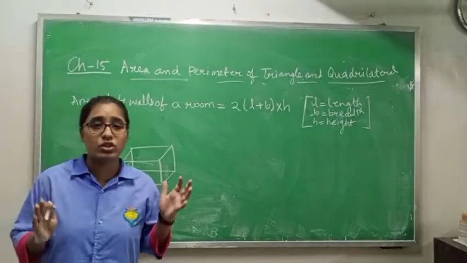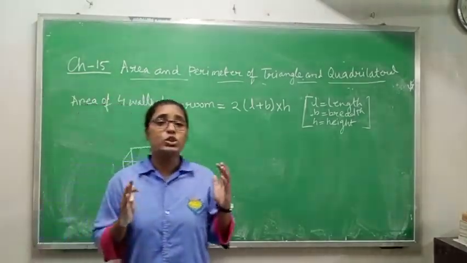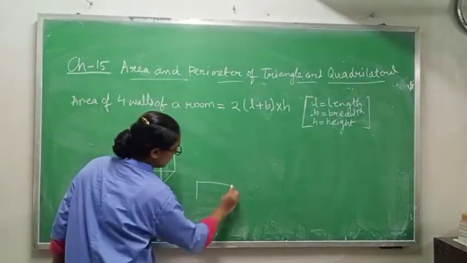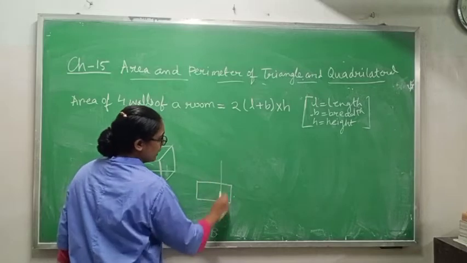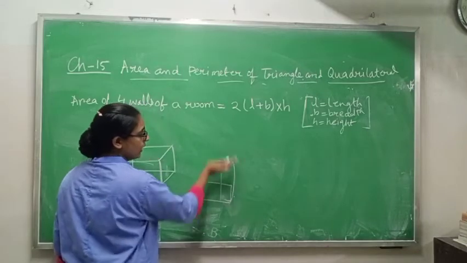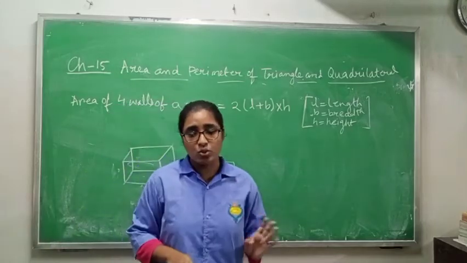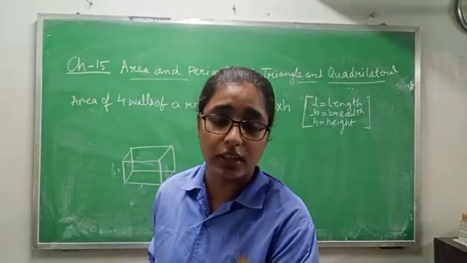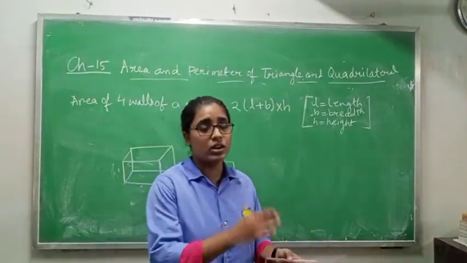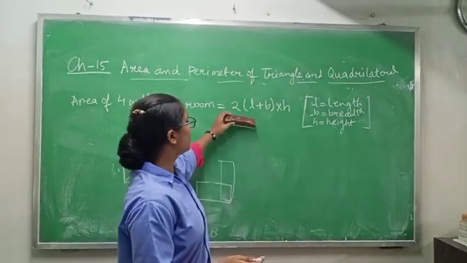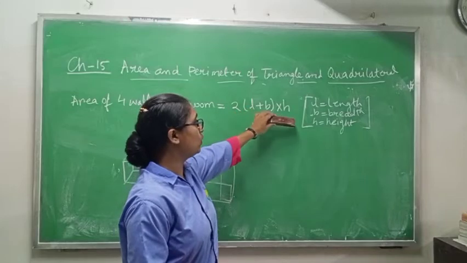Mainly all rooms are cuboid in shape. So in this we have two things: one is height and one is floor, floor means base. So whenever a question comes asking the area of 4 walls, you will use this formula 2(L plus B) into H.